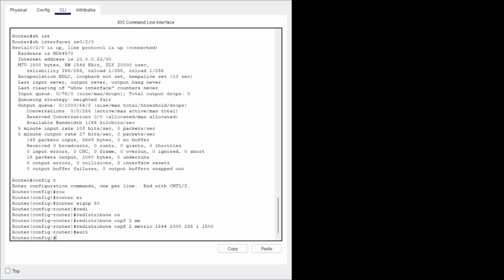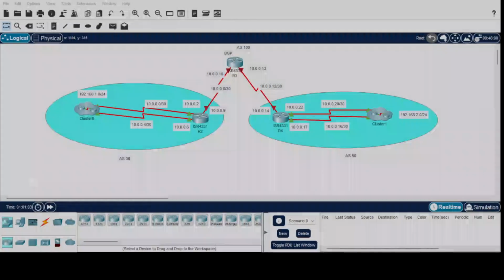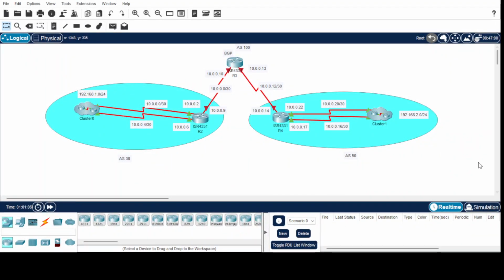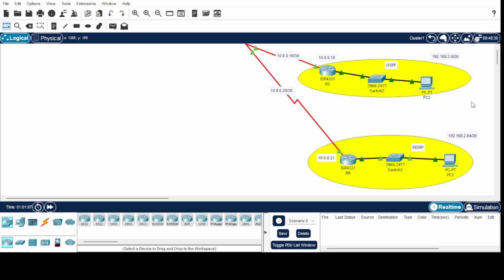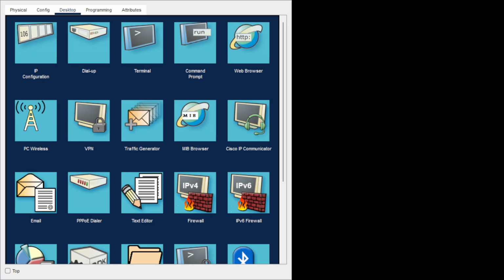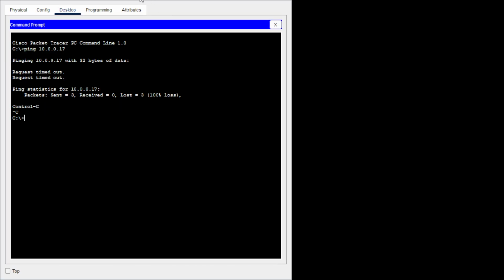Now the two local routing protocols are known to one another, so we can check our ping test. In cluster 1 we will check pinging from PC number 2 to 3. So PC number 2 main screen has been brought, and from PC number 2, ping 192.168.2.66.